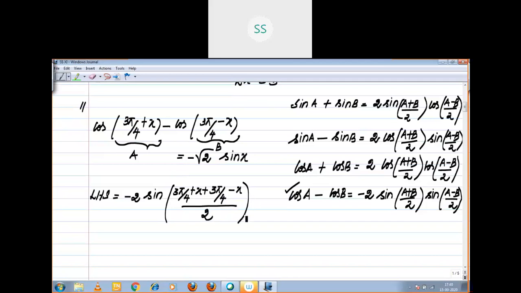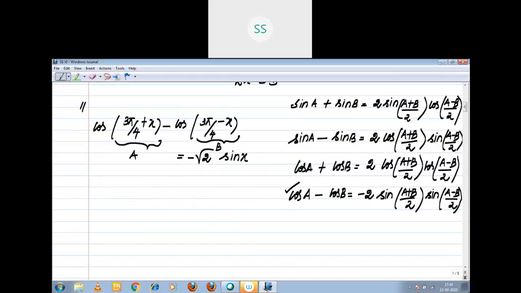Got it, children? Shall I write it in the next step, so it is easy to understand? I will write it here.